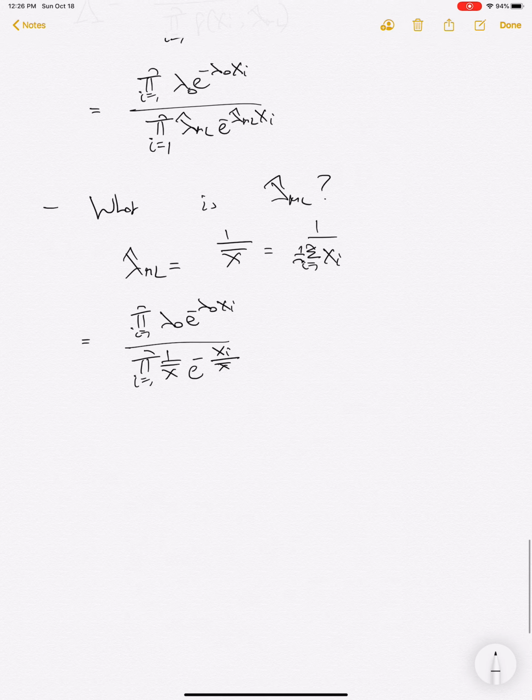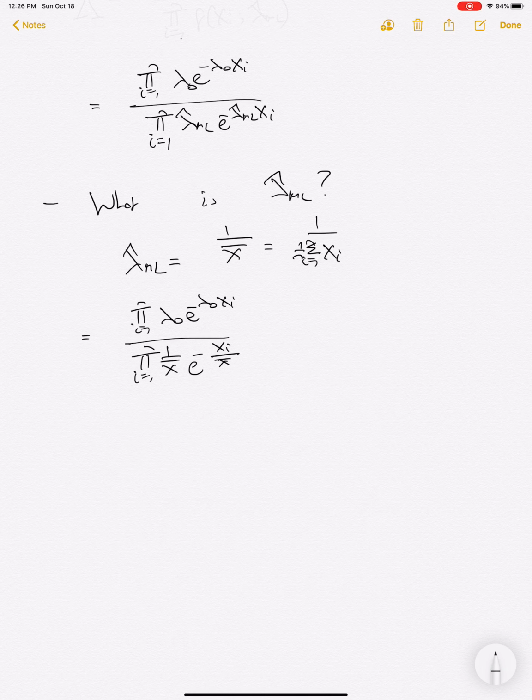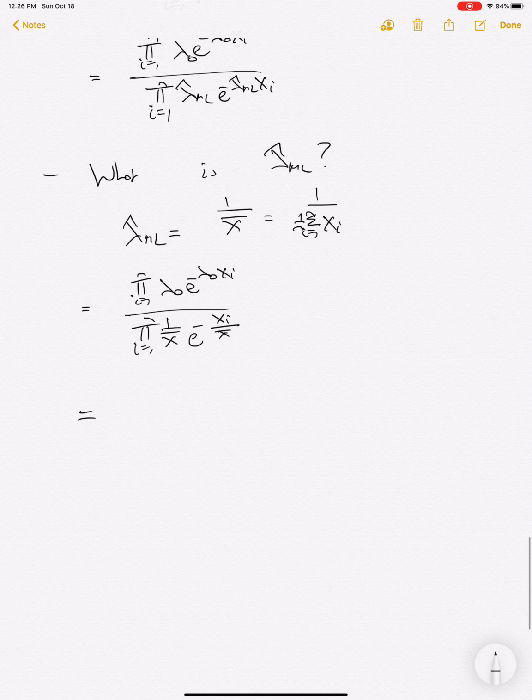So this is what this looks like, and you can get some nice simplification here because you're taking products of things and you have exponentials in there.